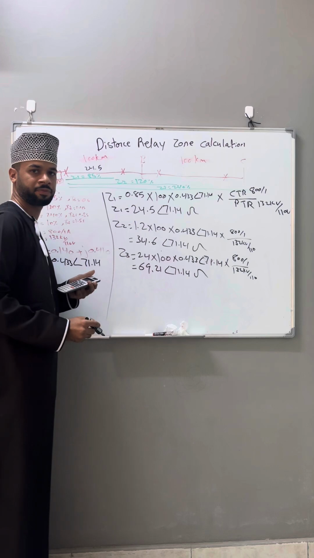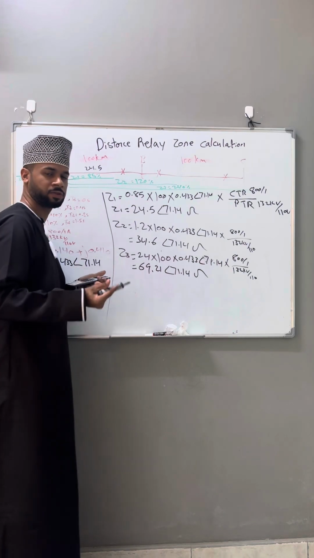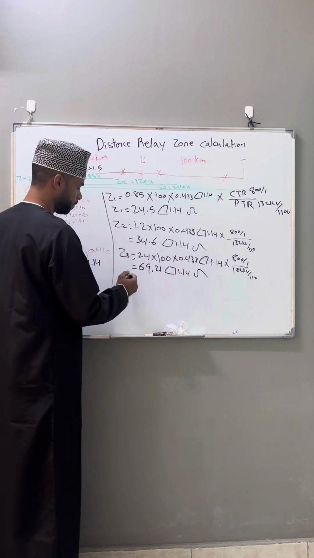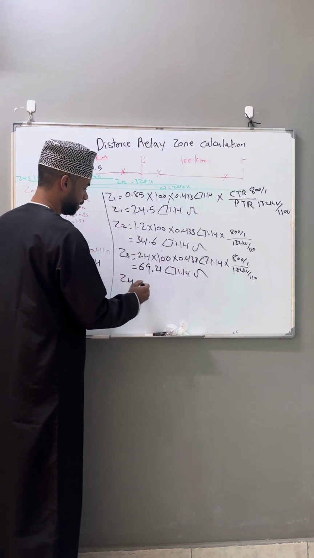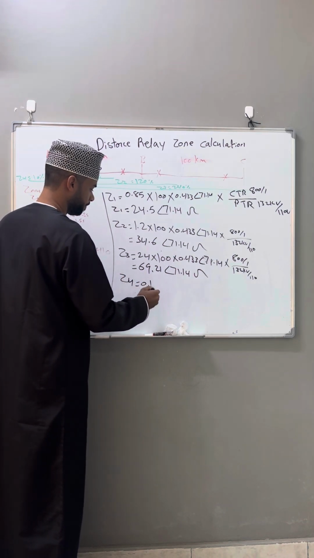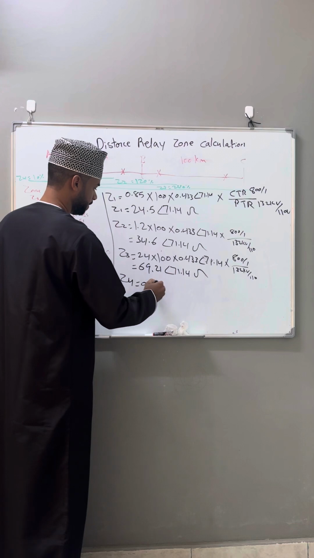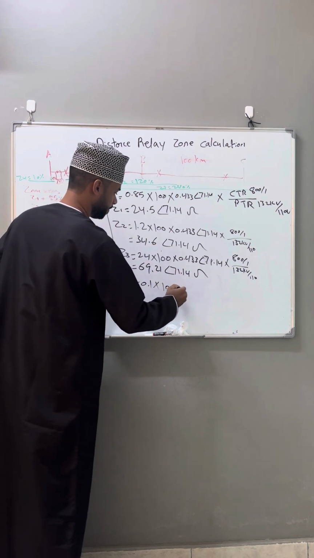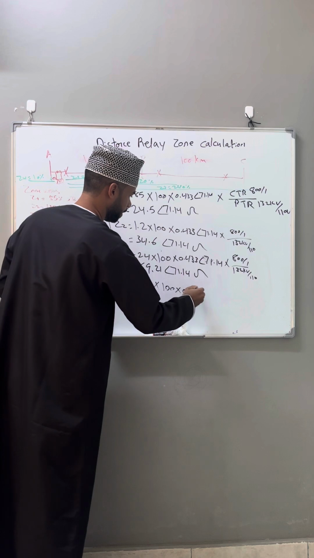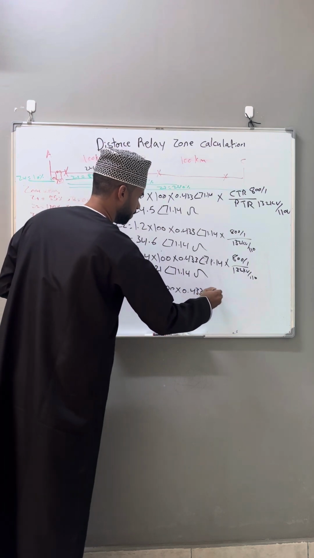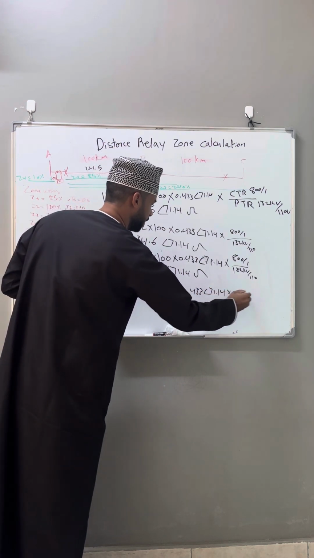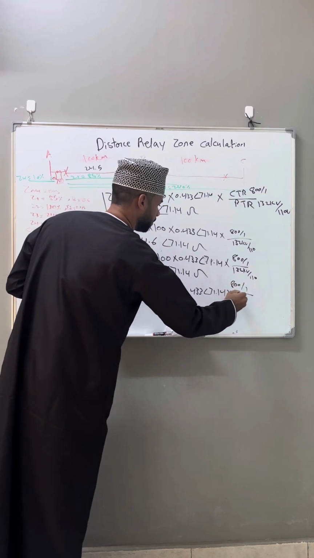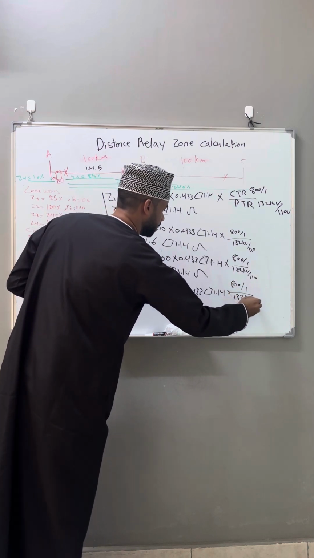And zone 4 the same, but as you know, zone 4 works in the reverse direction. So zone 4 is 10%, which is 0.1, multiplied by the 100 line length, multiplied by 0.433 with angle 71.14, multiplied by the CT ratio and VT ratio, 800 by 132 kV by 110 volt.